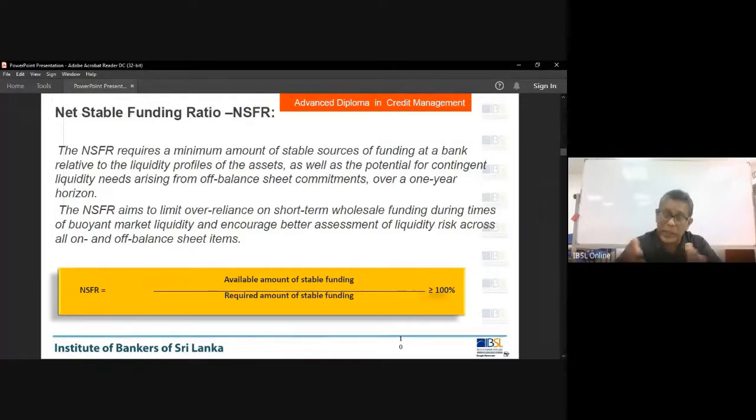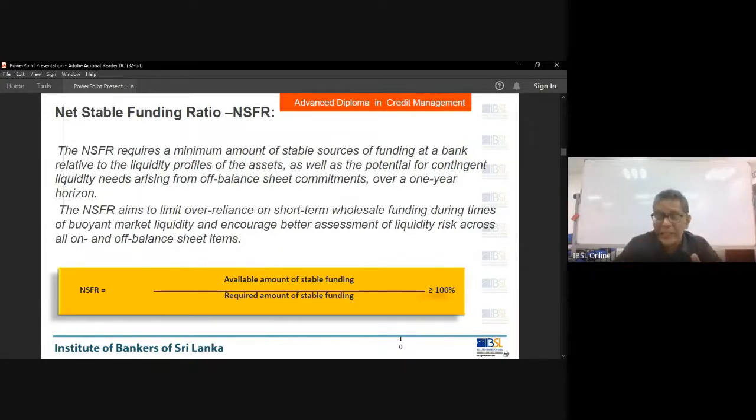So you need to keep some liquidity with the bank. So in that intention only, the regulators introduced the net stable funding ratio. Now that ratio also was meant to be 100, but again that also was brought down to 90 temporarily to meet this COVID-19 situation. Right, now these two new ratios introduced by the central bank.